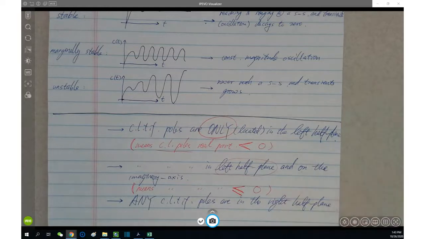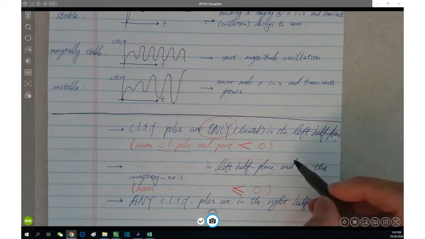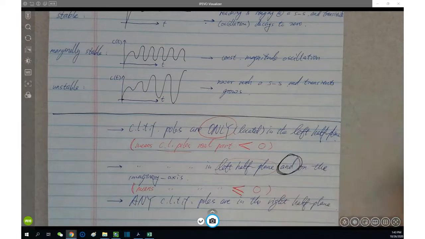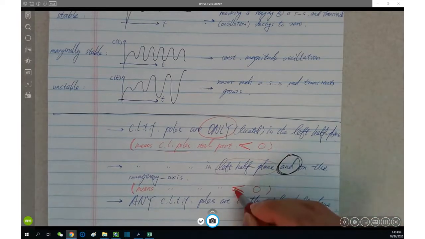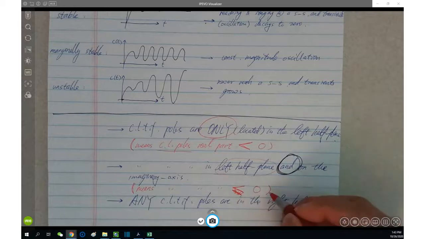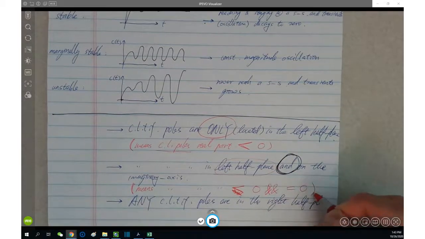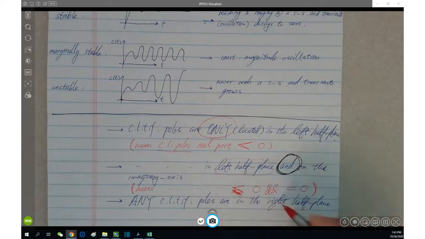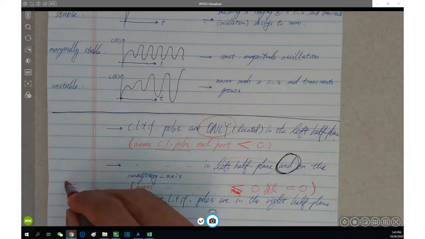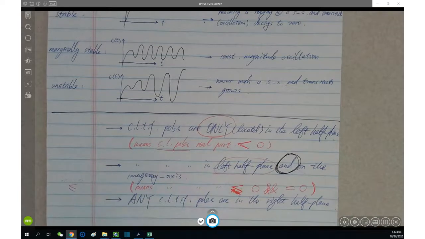Here is a little bit tricky, okay? Be very careful. Here it is saying and. So maybe more accurate here, because this symbol means either or, right? But this is not either or, okay, it's and.